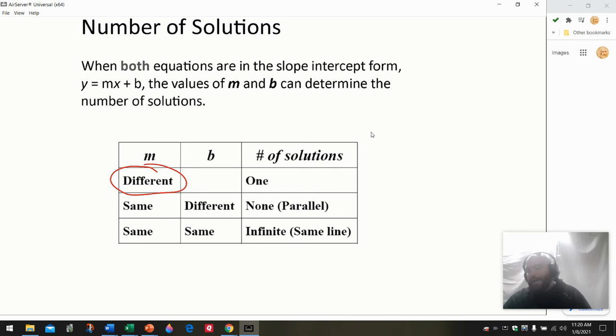It actually doesn't matter in this case. That's why they left it blank. There will be one solution. If the slope is the same, but the y-intercepts are different, then you're going to have parallel lines. In the last case, if the slope is the same and the y-intercept is the same, that means we have the same line and there's an infinite number of solutions.